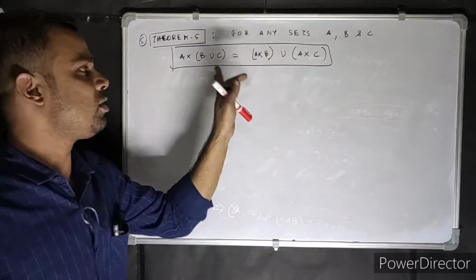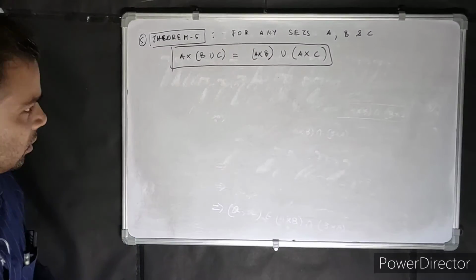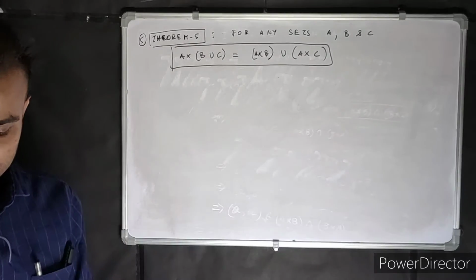Write theorem 3. Write the whole thing. And that's it. That's enough for you. Okay.